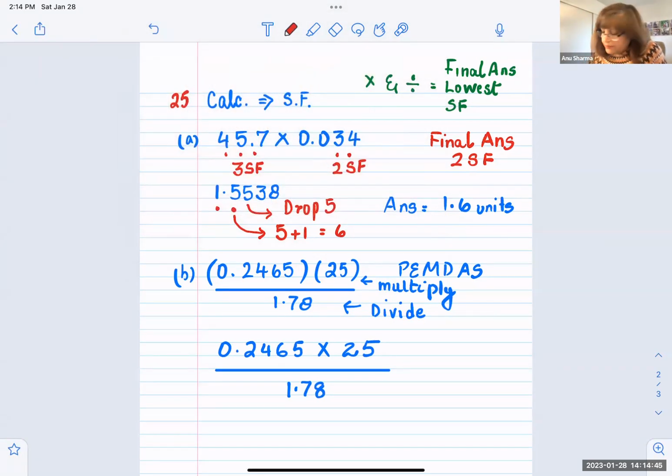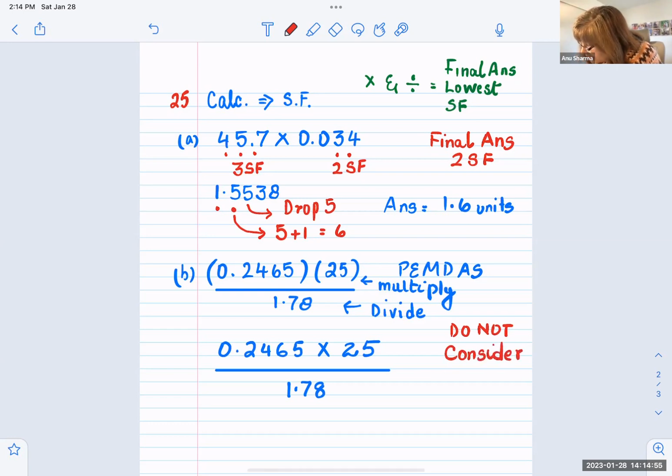We are not going to count that because it's an exact number. Do not consider exact numbers when calculating with significant figures.